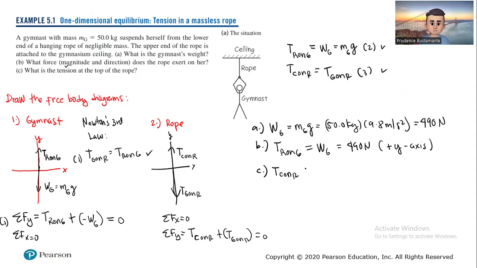This is from equation 3, just equal to the tension of the gymnast on the rope, which is just equal to the tension of the rope on G, by Newton's third law of motion. They have the same magnitude, which is, we know that the tension of the rope on G is 490 Newtons. Okay, so that's all.